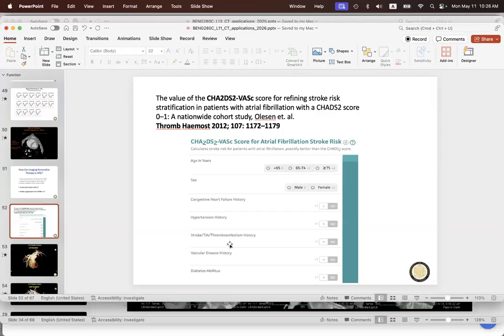What's done now is a thing called the CHA2DS2-VASc score. If somebody has atrial fibrillation, you're trying to evaluate their probability of having a thrombus or a stroke, and whether or not you should put them on aggressive anticoagulation therapy. Sounds like, well, if you put them on it and they don't actually need it, is that a problem?